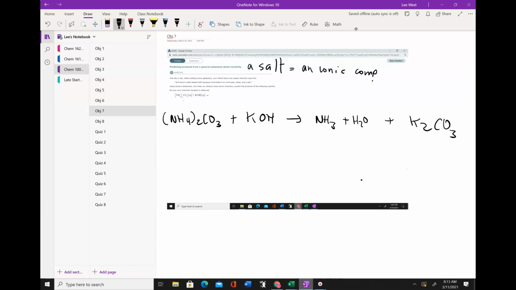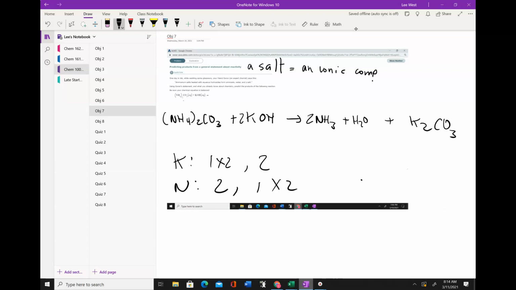There are a couple of things that you can see don't balance immediately, which my attention is drawn to. Potassiums, I've only got 1 on the left and I've got 2 on the right. So let's make that a 2. And the other thing that really leaped out to me is that I've got 2 nitrogens on the left and I've only got 1 on the right at the moment, so I need to make that a 2.